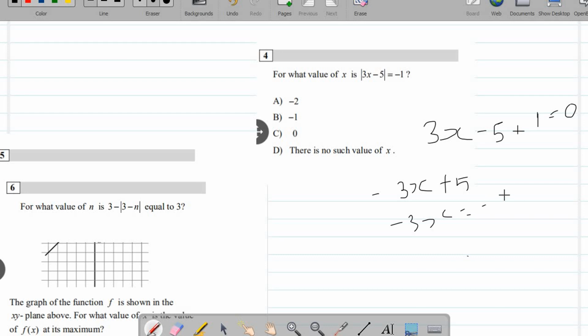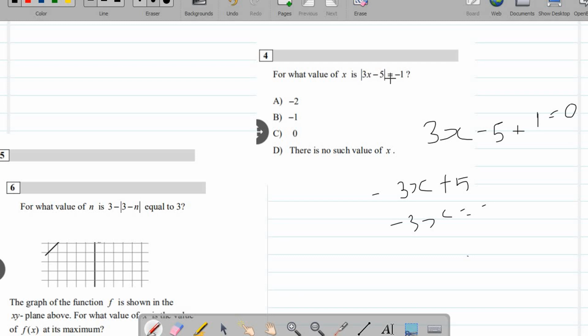So either way you are not getting the same answer. Now since you are not getting the same answer, there's no such value of x where you just have that minus 1. And remember, it has to be positive. 3x minus 5 has to be greater than 0. If you put a negative, the absolute value cannot be negative. That's another important thing.